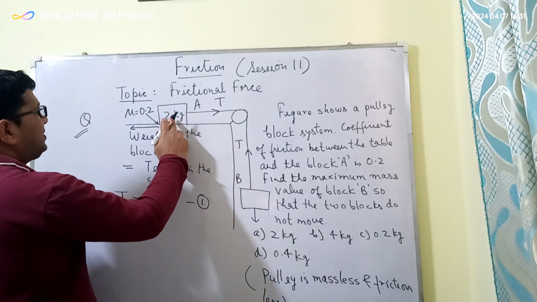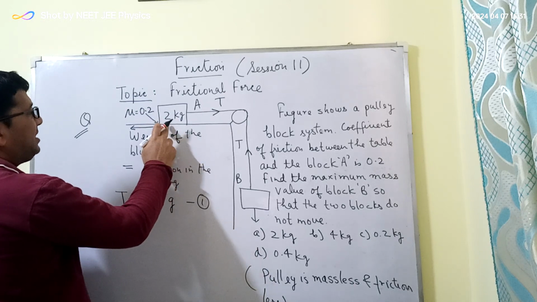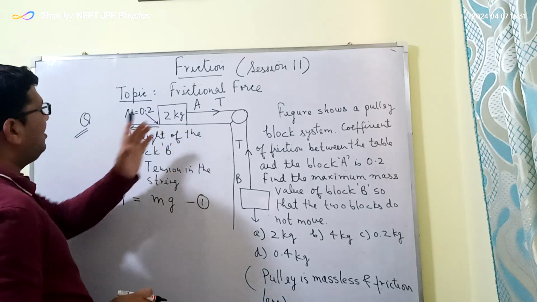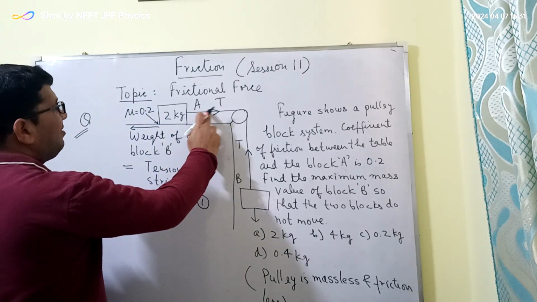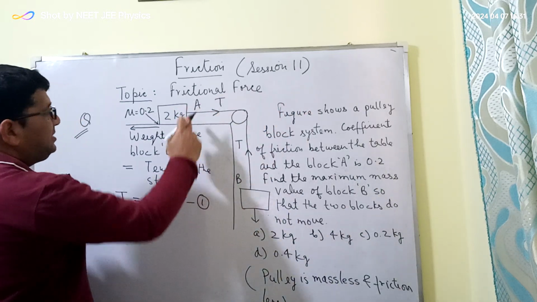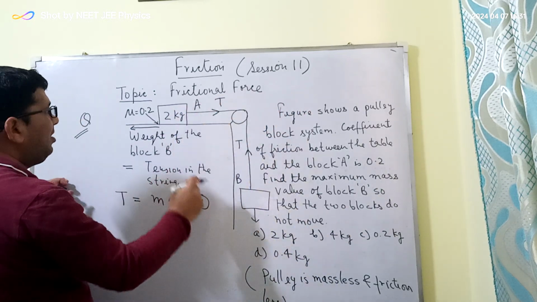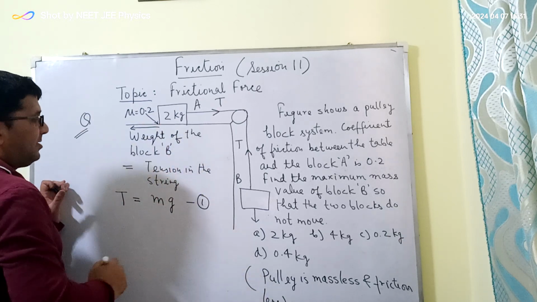So the frictional force acting on this 2 kg block will be acting on the left hand side, and the tension in the string will be acting on the right hand side. That is, tension will be acting away from the block, and the frictional force will be acting in the backward direction.